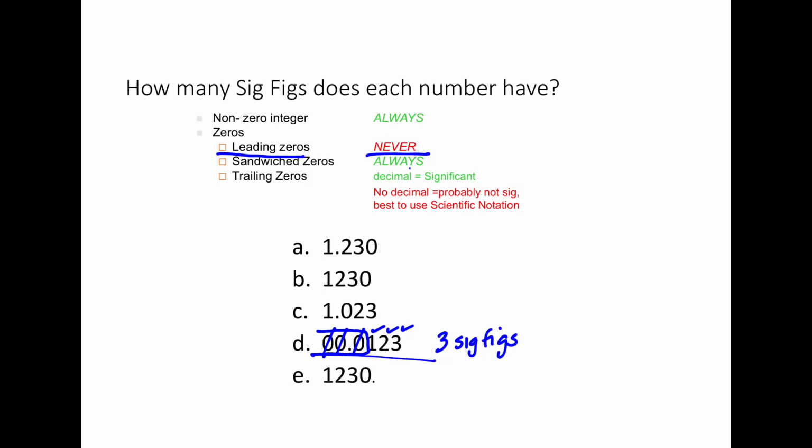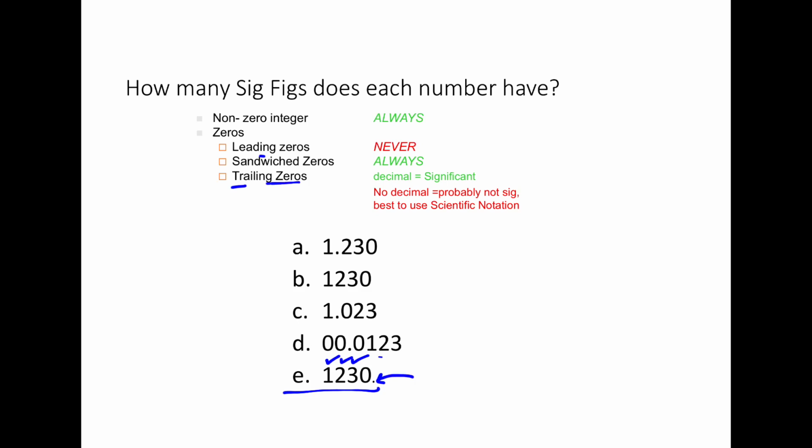And for our last one, E here, it has non-zero numbers, so there's at least 3 sig figs, and then it has a trailing 0. Notice that there is a decimal point there, and so for trailing zeros with a decimal point, those are going to be significant.